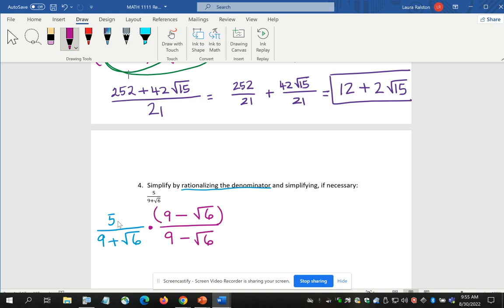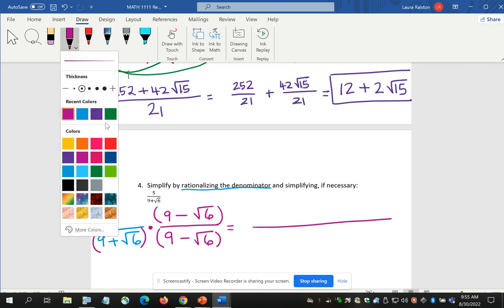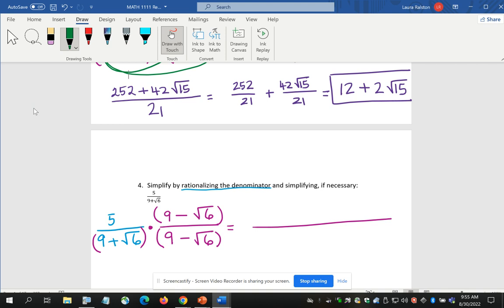And again, we're going to multiply numerator times numerator and denominator times denominator. So we have, using the distributive property, 5 times 9 is 45. 5 times minus 6 is minus 5 square root 6.